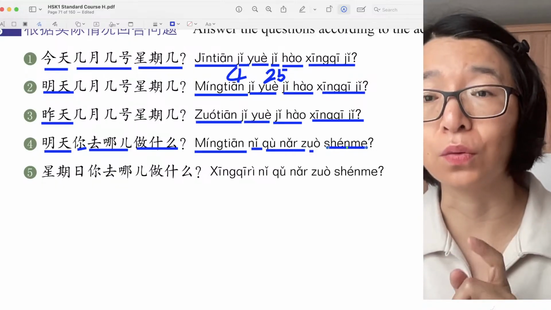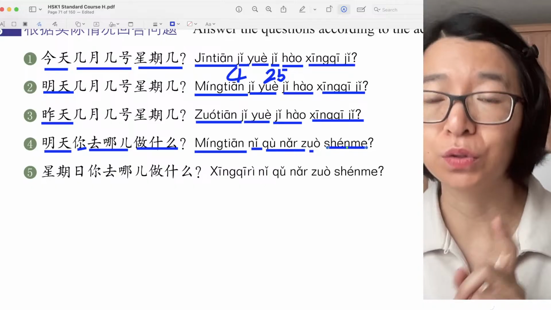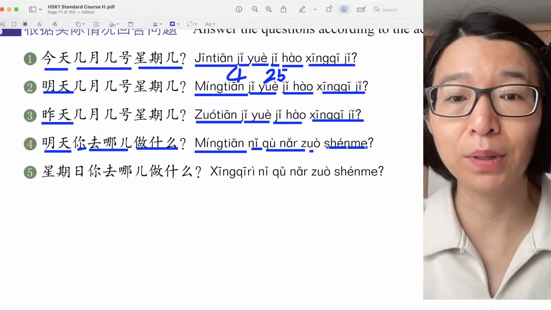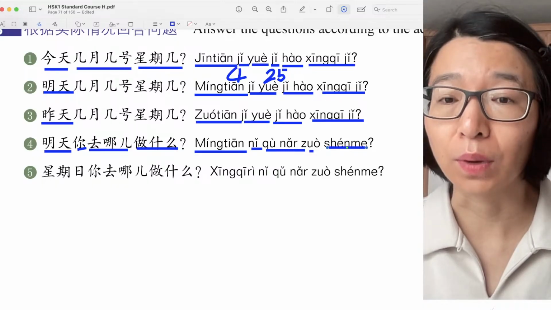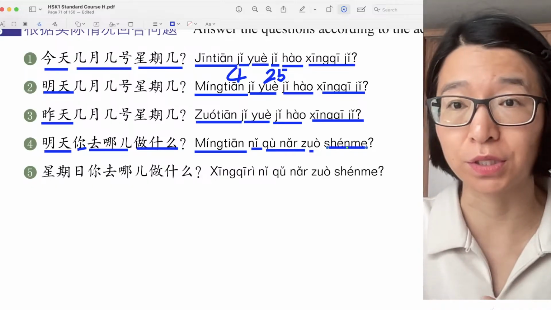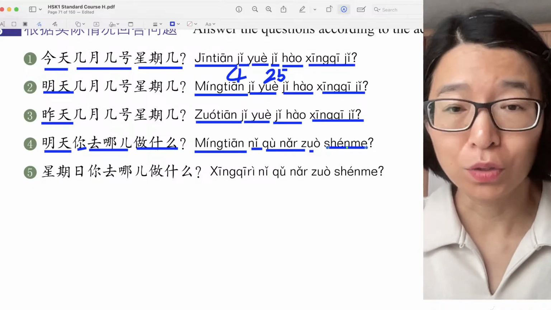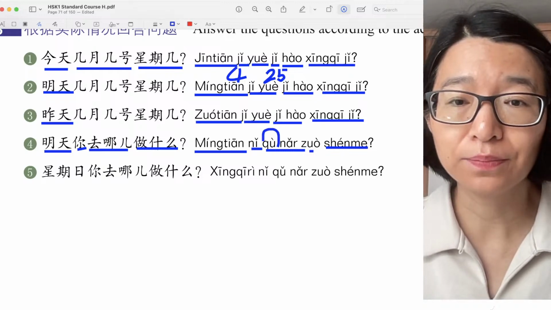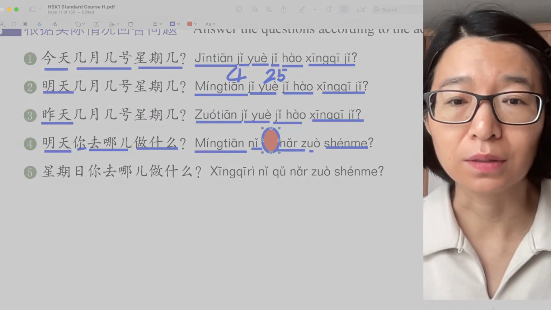Yeah, 去哪儿, go where? 做什么, do what? 明天你去哪儿做什么? Tomorrow you go where, do what? Here, even when we talk about future tense, we don't have to change anything about the verb. Okay, here 去 is a verb, right? 去, that is a verb.